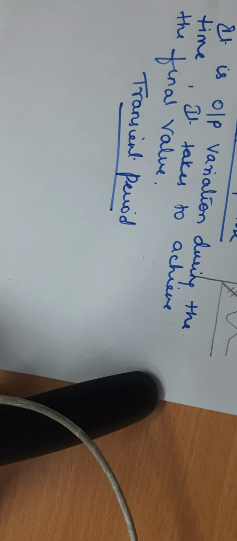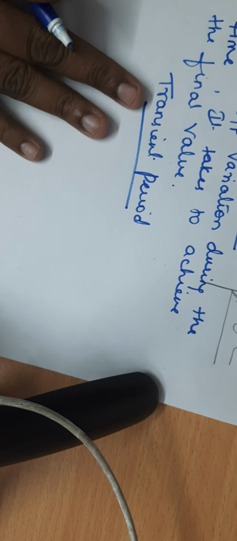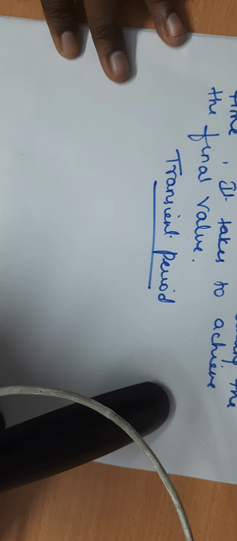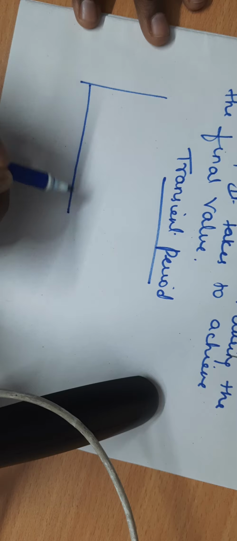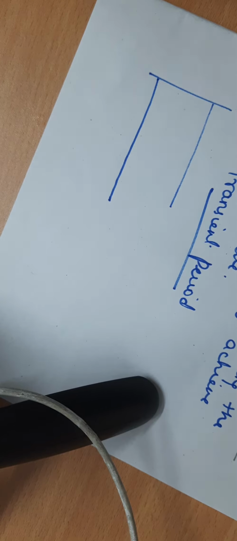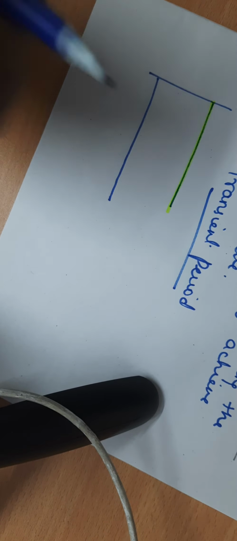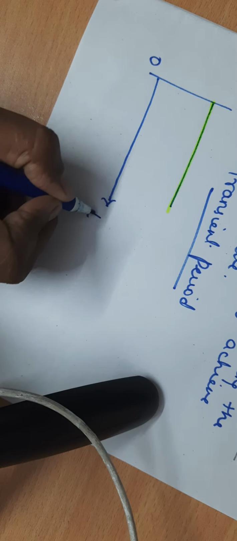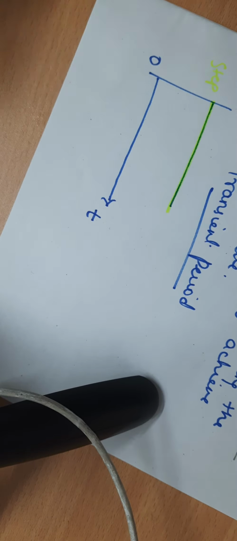Okay. Next. The transient response is usually given by an exponential or an oscillatory form. See, this is my reference value, and when I am giving some input with respect to time, this is my step input, reference step input.